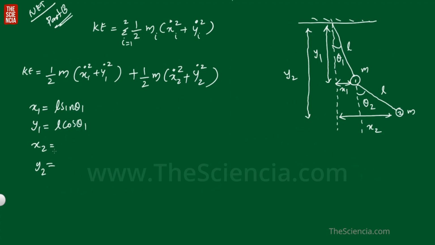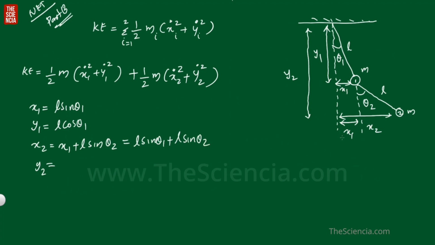Now what is x2? Here this is x2, and this length we know is x1. So x2 will be equal to x1 plus this length, which is L sin theta 2, that is x1 plus L sin theta 2. We already know the x1 value, so x2 is L sin theta 1 plus L sin theta 2.